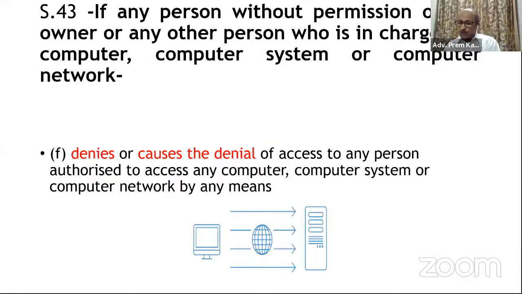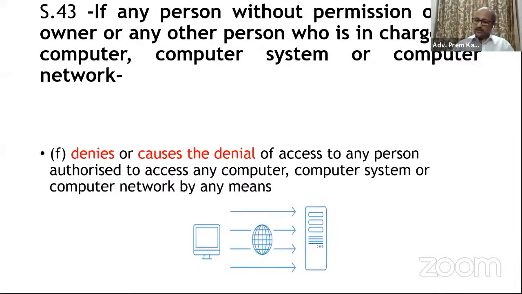43F, whoever denies or causes the denial of access to any person authorized to access any computer system or computer network. So here also is an additional clarity which is given with regard to a DOS or a DDoS, for denial of access or denial of services. So here it is stated denial of access.